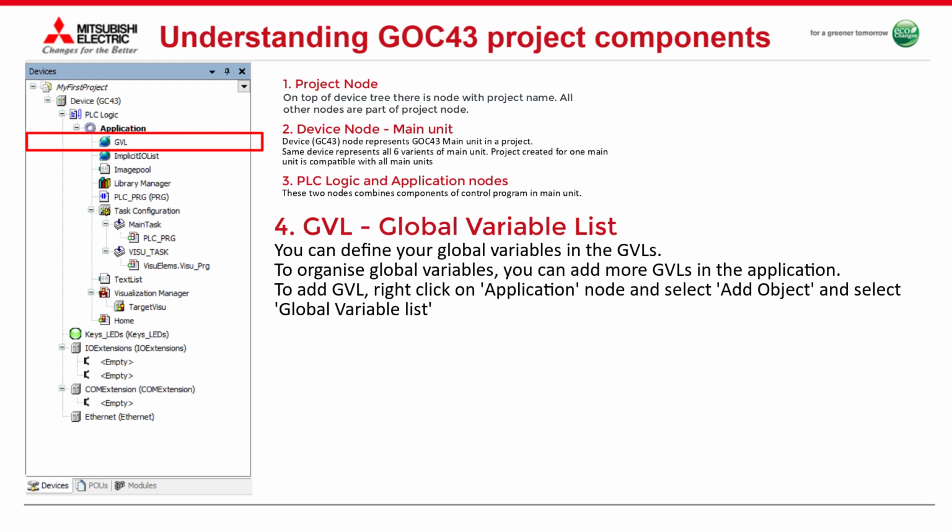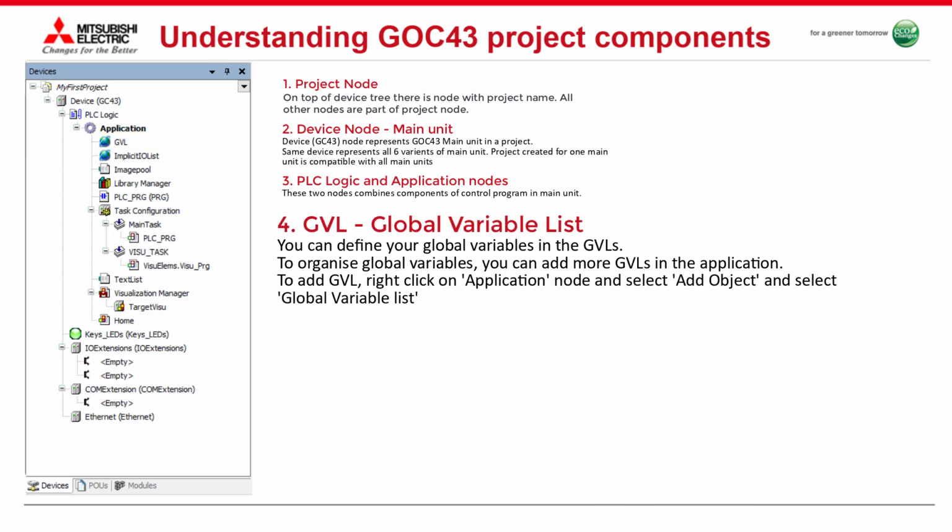Next node in device tree is GVL. GVL is global variable list. You can define your global variables in the list. To organize global variables, you can add more GVLs in the application. To add GVL, right-click on Application Node and select Add Object, and select Global Variable List.